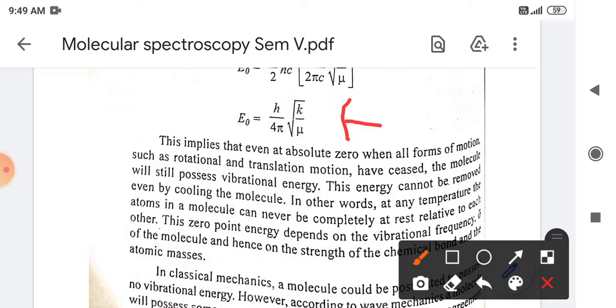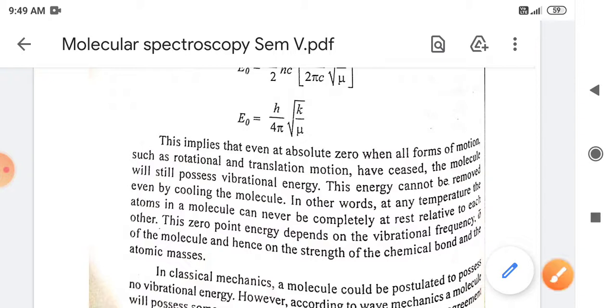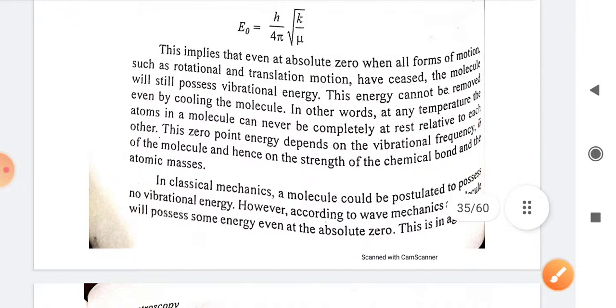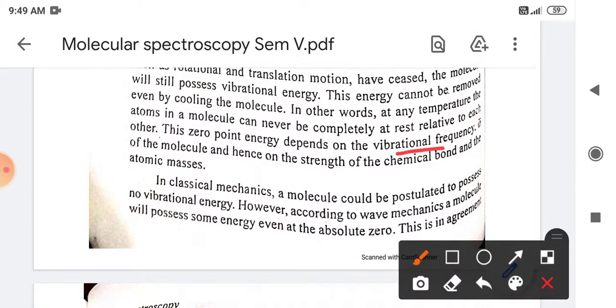This energy cannot be removed from the molecule even by cooling. In other words, at any temperature the atoms in the molecule can never be completely at rest relative to each other. So this zero point energy depends upon the vibrational frequency omega bar of the molecule, and hence on the strength of the chemical bond, that is the force constant.